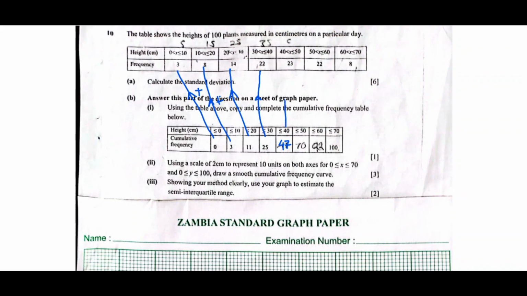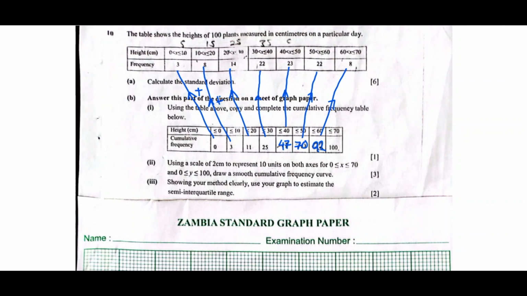Then 47 plus 23, you get 70. 70 plus 22, you get 92. 92 plus 8, you get 100. So this is how we complete the table. And remember, this table must be on the graph paper.